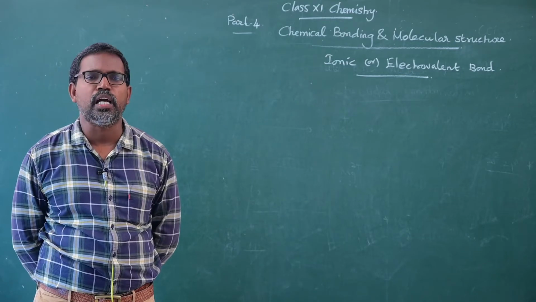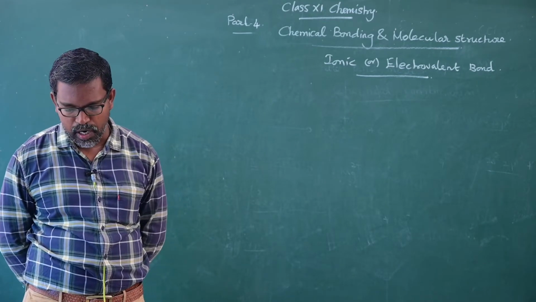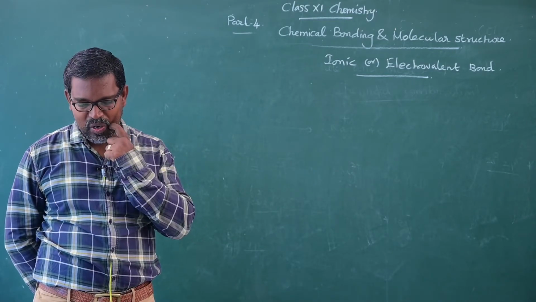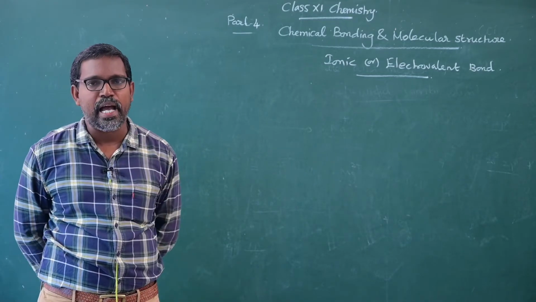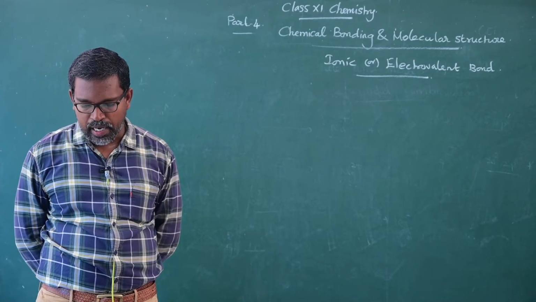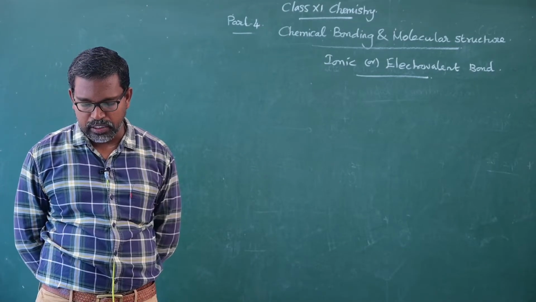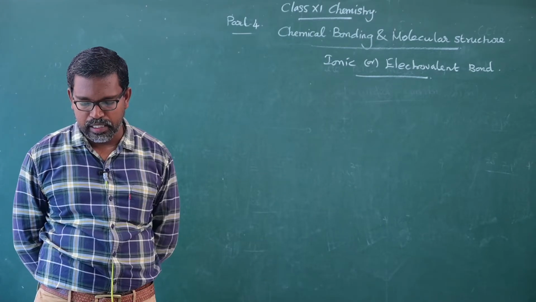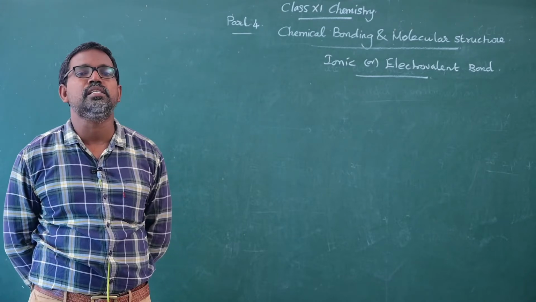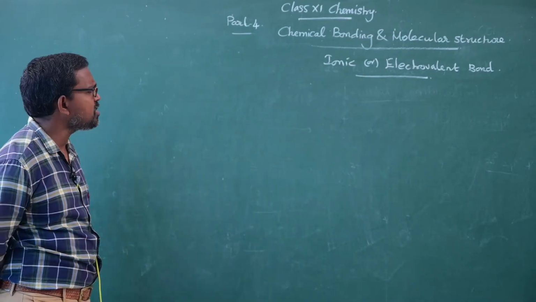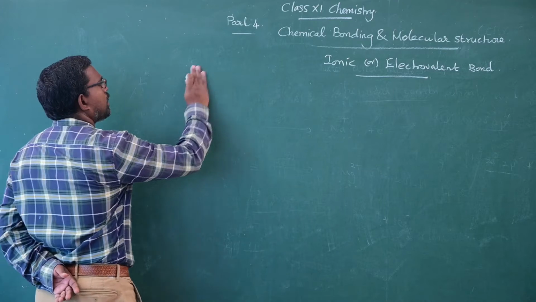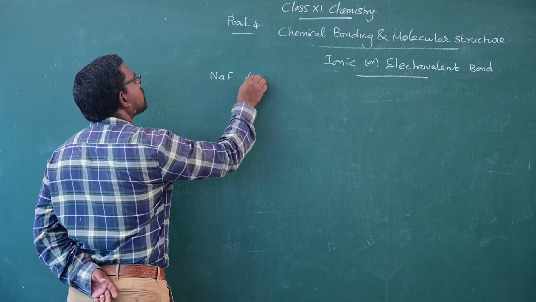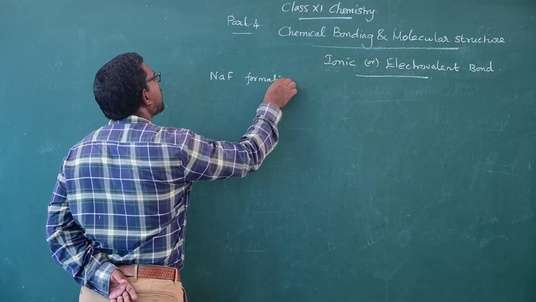The electrovalent or ionic bond is formed between atoms by the transfer of one or more valence electrons of one atom to another atom, so as to complete the outermost octet and acquire the stable nearest noble gas configuration. First of all, I consider one example: sodium fluoride formation.